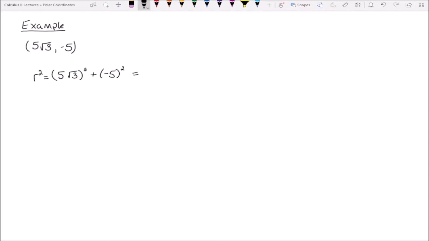So we're going to have 25 times 3, which is 75, plus 25, which is 100. This, of course, means that r is 10. Tangent of theta is y over x, so negative 1 over root 3.